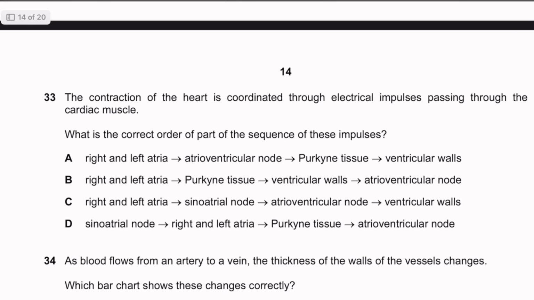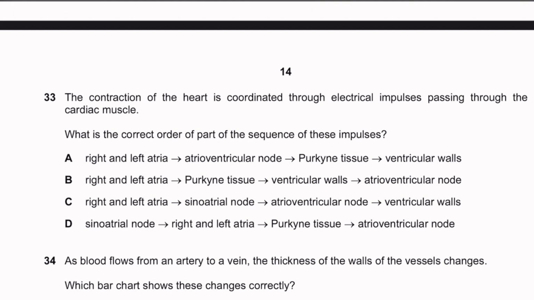The contraction of the heart is coordinated through electrical impulses passing through the cardiac muscle. What is the correct order of the sequence of these impulses? Okay, so we have right and left atria, to the atrioventricular node, to the Purkinje tissue, to the ventricular walls, or right and left atria to the Purkinje tissue.